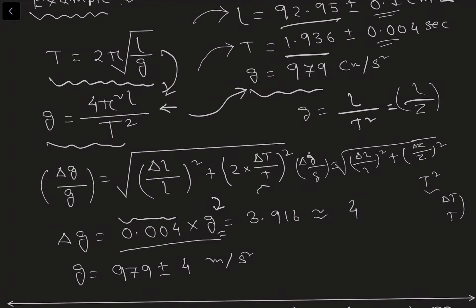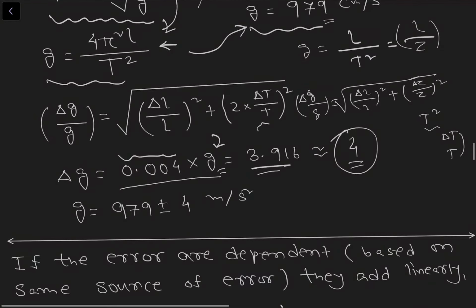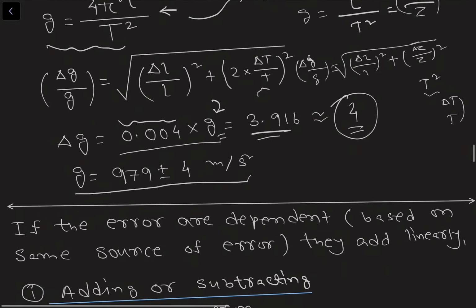To get the absolute error, we have to multiply it by the value of g, that means 979. It is coming out to be 3.916, represented by a single significant digit. We are writing it as 4. Then our calculated g will be 979 plus or minus 4 centimeter per second square.